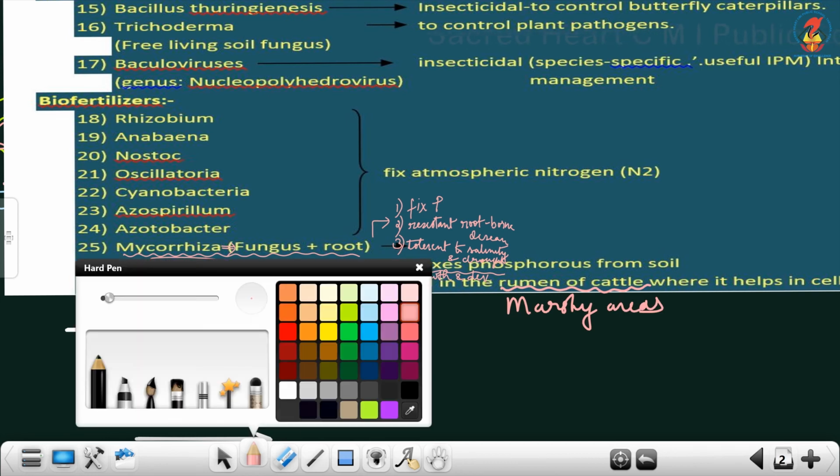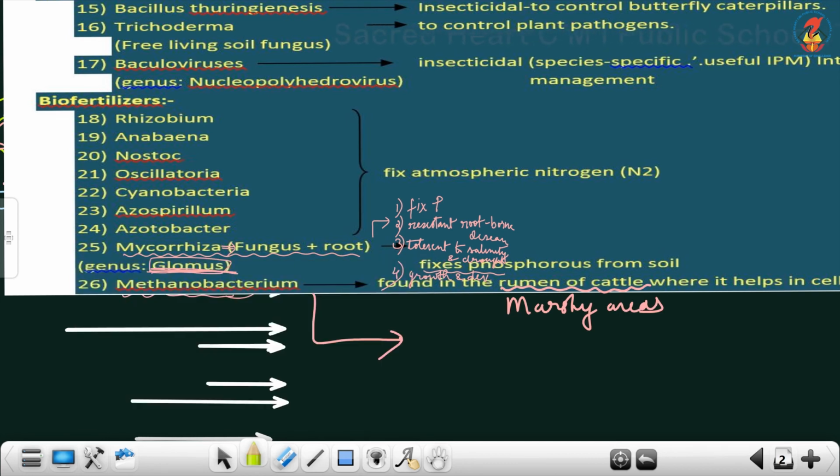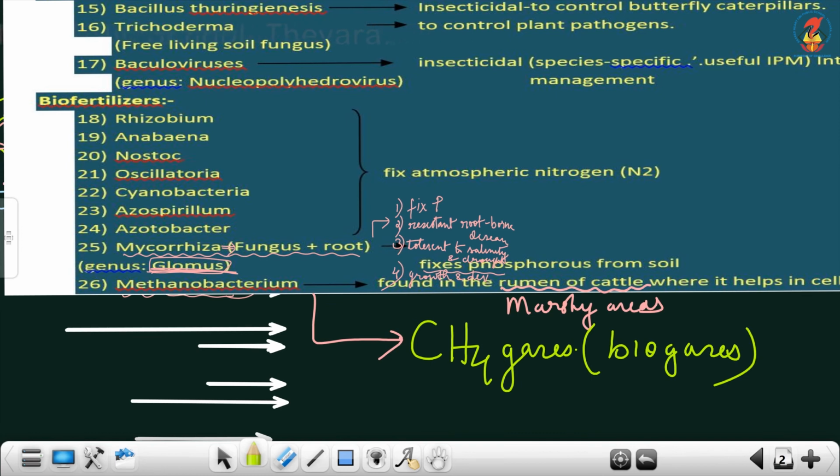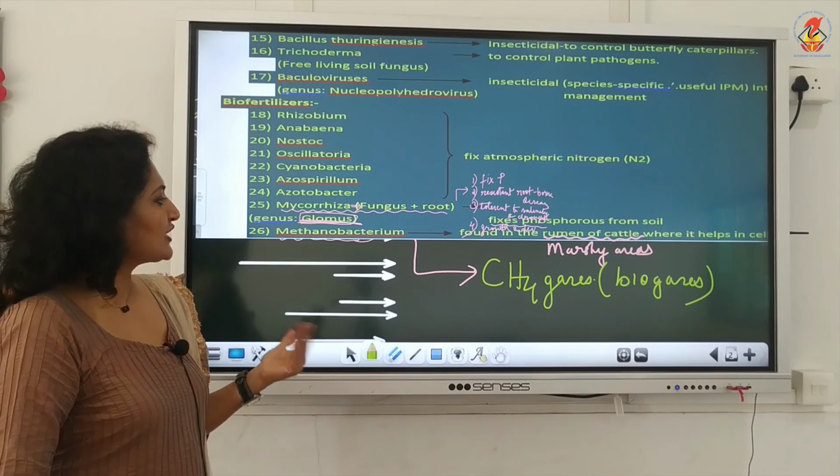The advantage of this Methanobacterium is they produce this gas, methane. Okay, and this, you know about methane, it is a biogas, it is highly inflammable, so we can make use of methane to produce gas, which is a biogas, which can be used for cooking.